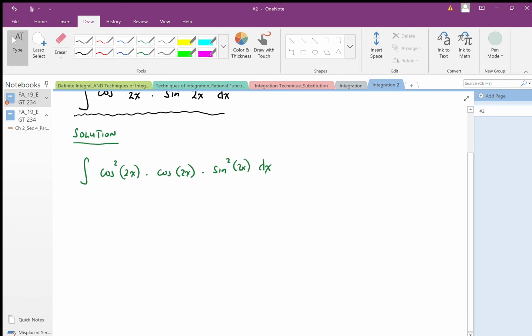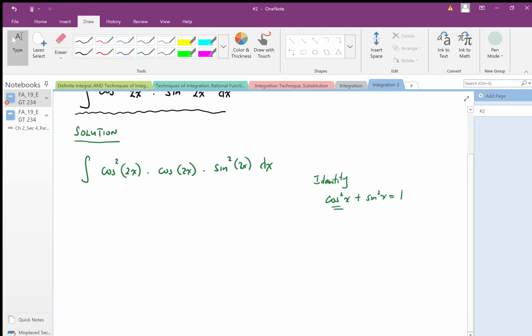Okay, so again, I know the identity: the cosine squared x plus sine squared x equals 1. I'm just going to solve for my cosine squared.